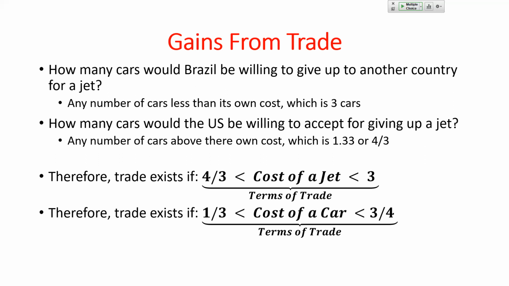Said differently, by setting the cost of the car, we're inherently setting the cost of the jet because it's just the reciprocal. We don't have to do the mathematical proof; if I choose the cost of the car somewhere in this range, the other would have to be in its range as well. So we really only have to focus on one, and I'll be using the cost of the car.